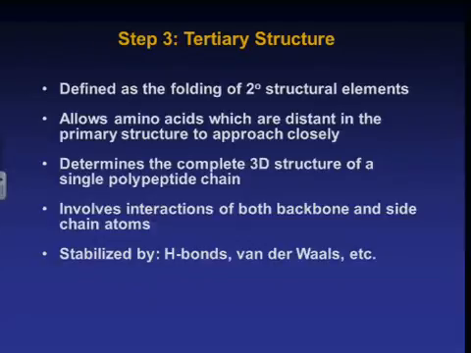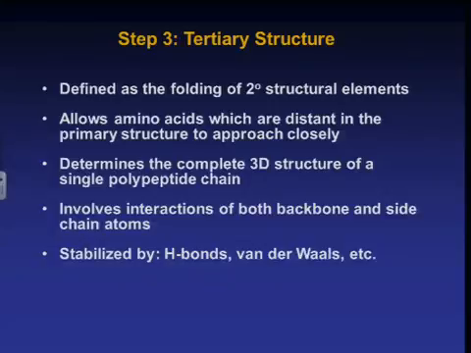In this case, we now have amino acids which may have been very distant in the primary structure that, through the folding, are able to interact with one another. And in fact, a lot of those interactions can be stabilizing interactions, as we'll see. So this is what defines the complete 3D structure of a single polypeptide chain.